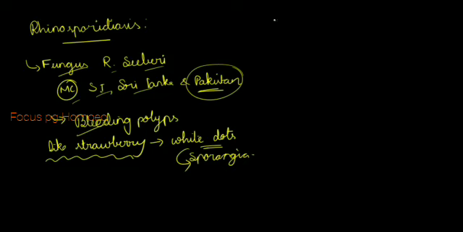So now the next condition, rhinoscleroma. The name indicates that some type of sclerosis is happening. Let's see what it is. Rhinoscleroma is also called woody nose.